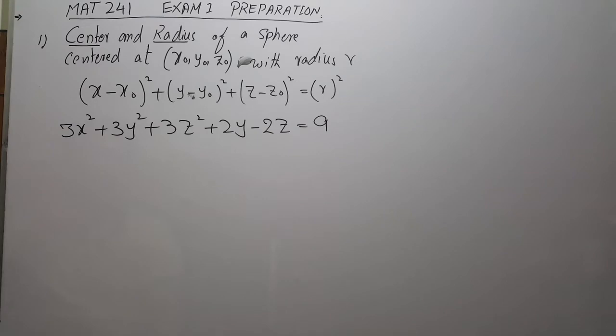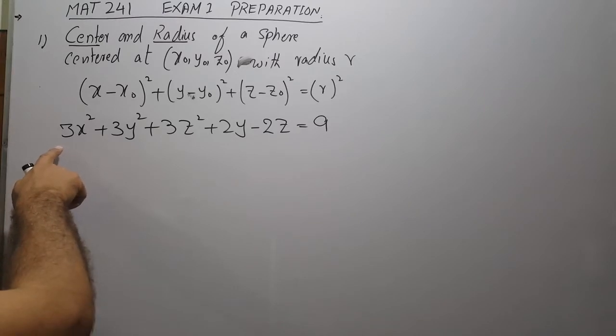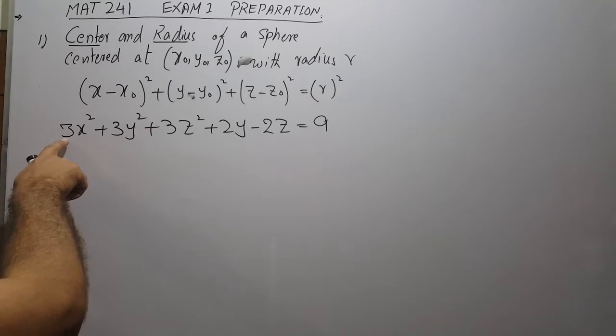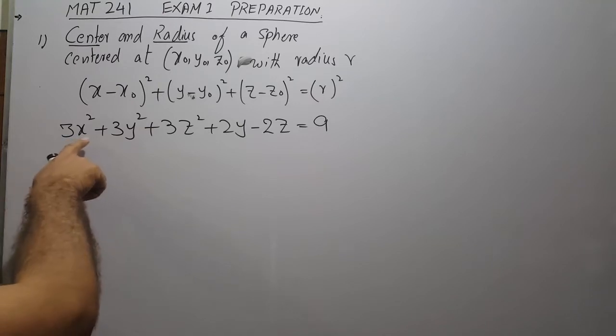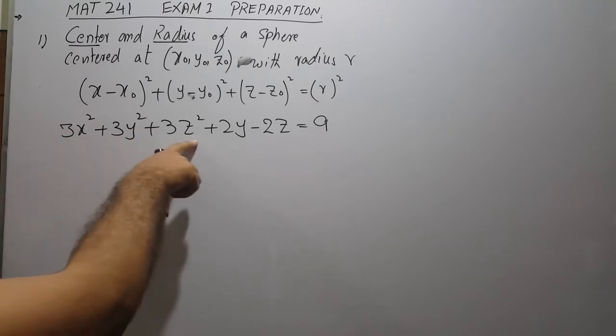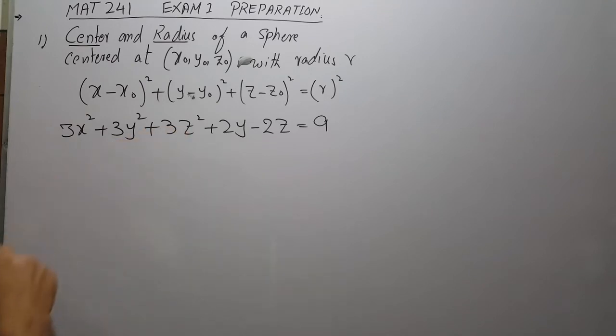By completing the square. We have x terms, y terms, and z terms. So the first thing you have to do is remove the coefficients from the square terms. So you have x square, y square, and z square. We have to remove the coefficient. How do we remove it?